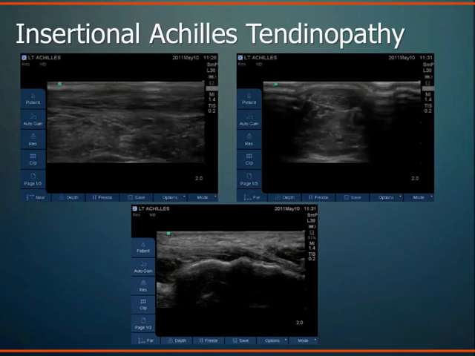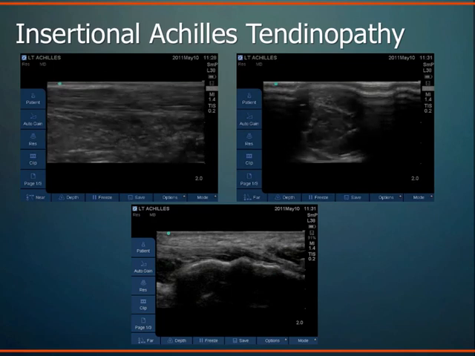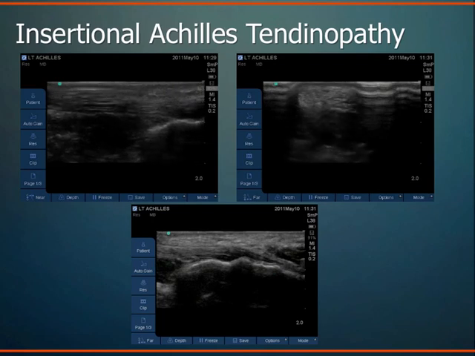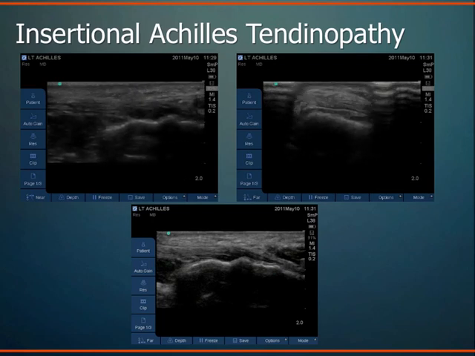This is a patient I saw on Tuesday, who comes in with 6 months of Achilles pain, heel pain, a runner, and is basically at wit's end because he can't get back to his training, lots of pain. What we're showing here is the distal Achilles tendon coming down to the calcaneal insertion. The earlier movie was just showing the continuity of the tendon, very healthy tendon.